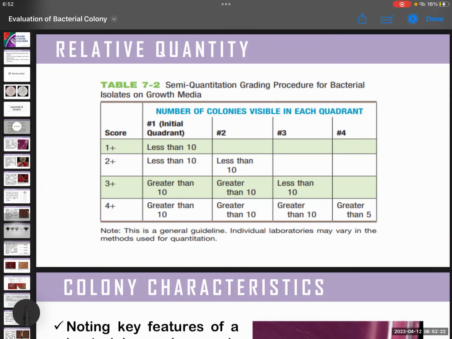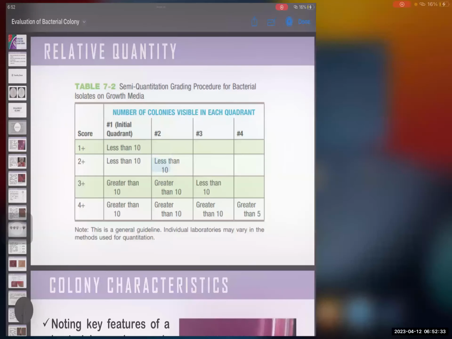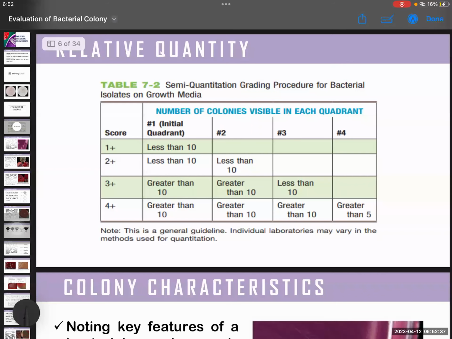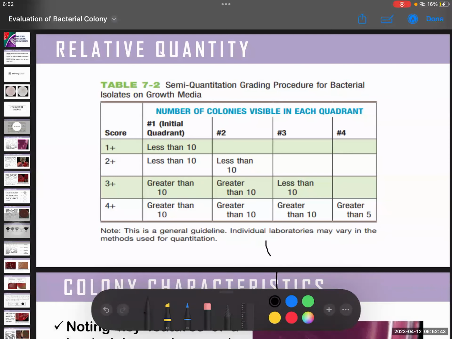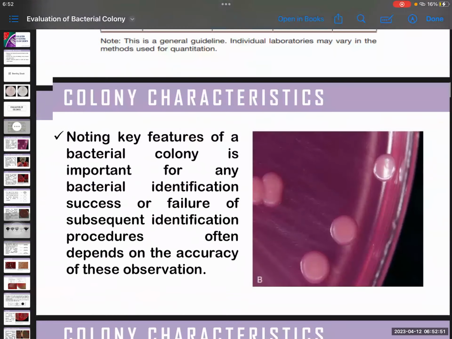So this is a general guideline, and individual laboratories may vary in the methods used for quantitation. By the way, this is not usually done anymore. Kasi again, laboratories usually opt for the use of automated machines, kaya hindi na siya masyadong ginagamit.